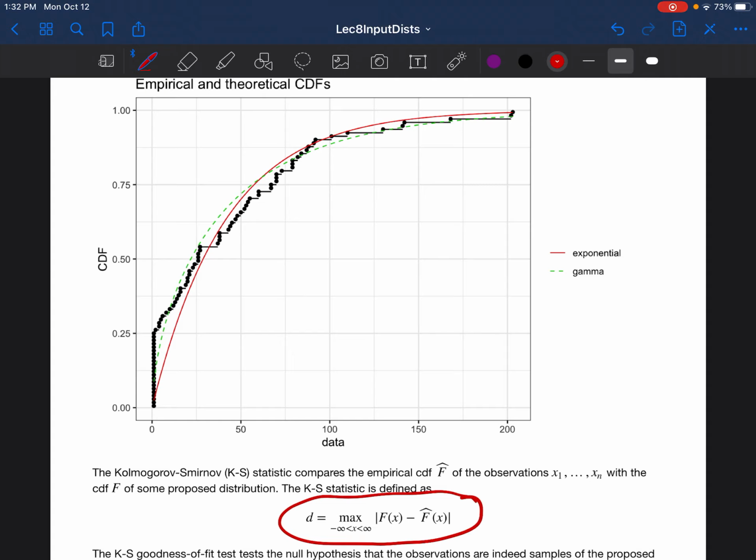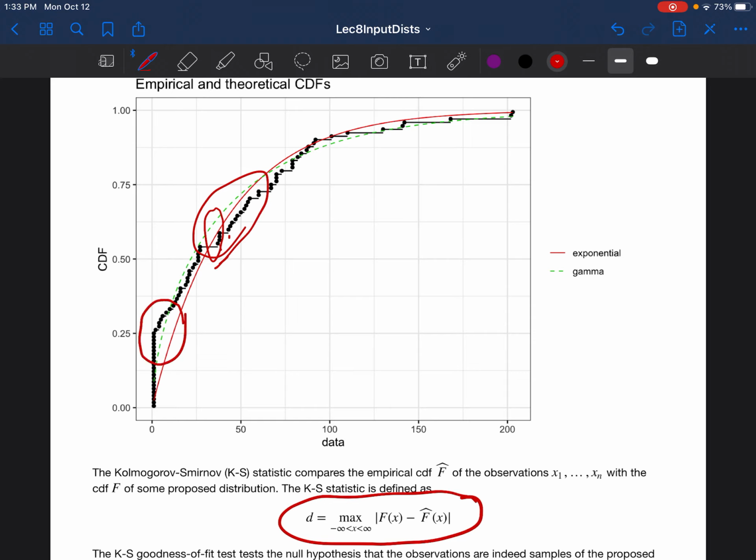For the green line here, our gamma, I guess the vertical difference is highest maybe right here. Or, yeah, it's hard to say, but perhaps in this region. The difference between the black empirical and the red might be highest right around here.